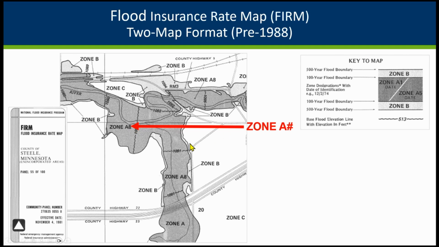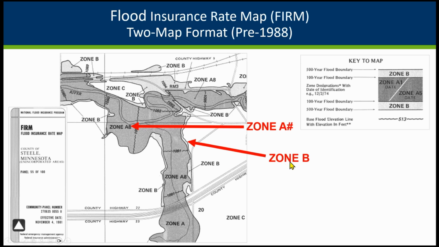And then zone B, there's not a very wide one in this case, but it's a lighter gray, and that usually is the 500-year floodplain, but that medium risk area can also be the 100-year, a foot or less depth, or the 100-year draining less than a square mile, or where there's been an accredited flood control project or levee where they've built a flood control project that's protecting that area.